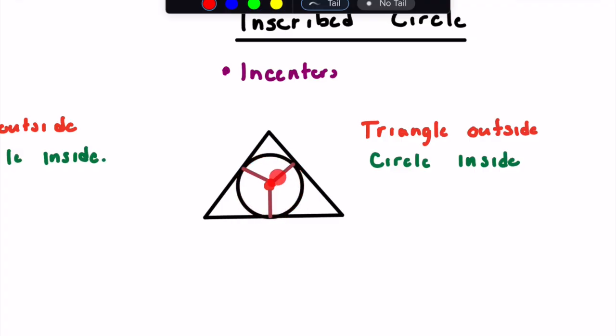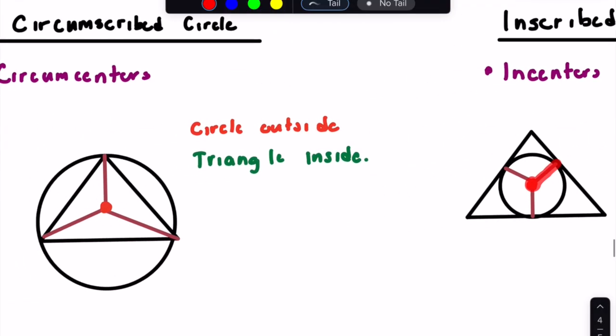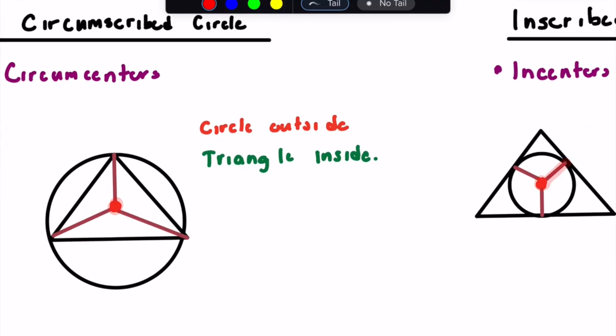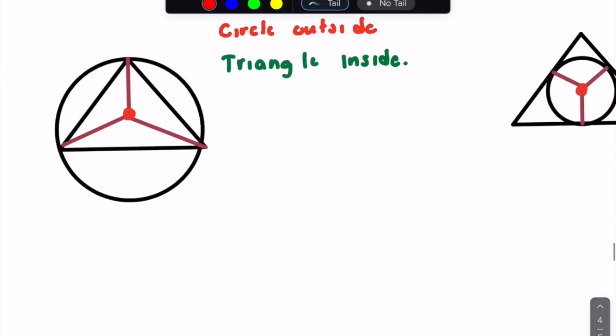Notice that the radius of the inside circle is just the distance between the incenter and the side, whereas the radius for the circumscribed circle is the distance between the circumcenter and the vertex of the triangle.